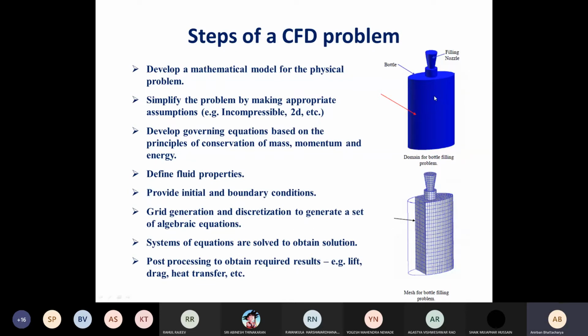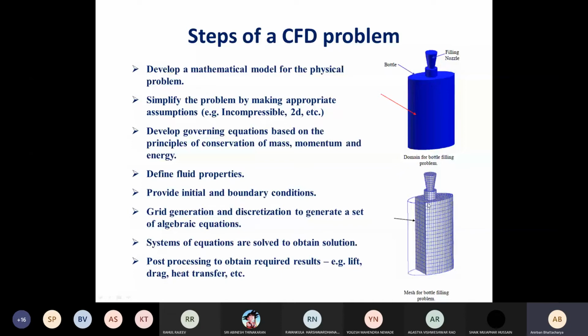Now for each of these subdomains or control volumes, the 5 equations will be valid, and we need to simplify those equations into a set of algebraic equations. Again, during the entire course we will learn how to do that.